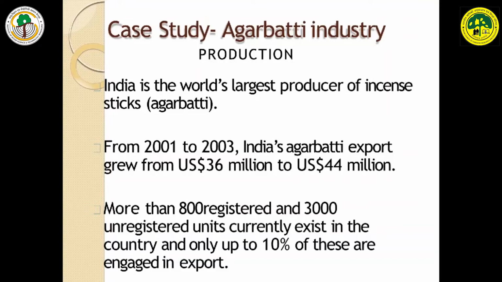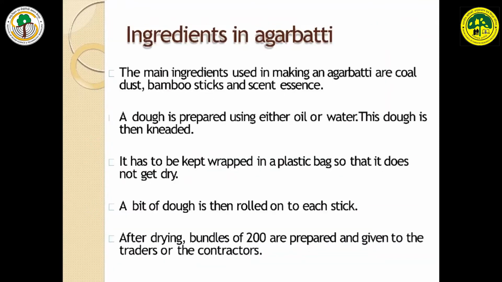So people are not accepting them. A lot of research on alternative dough material is also being carried out. This is just a highlight of what the ingredients of Agarbatti have been and how they have changed over the years, and now there is really a dearth of material for production of Agarbatti sticks.